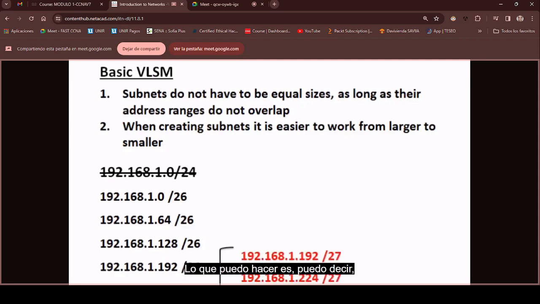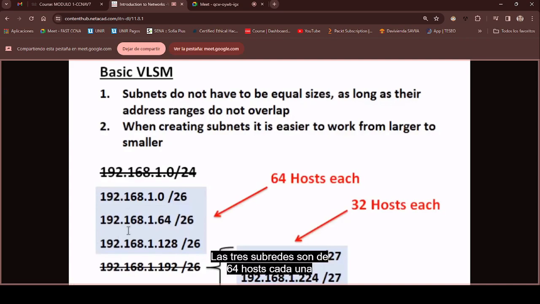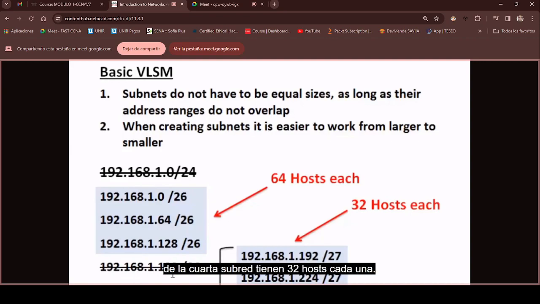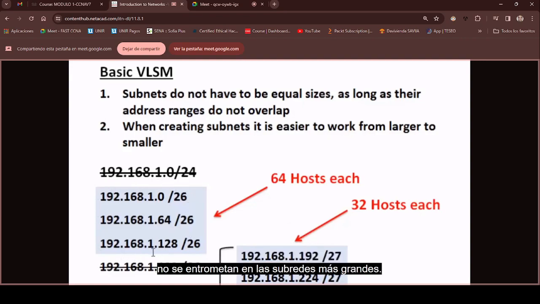What I can do is say, instead of having this subnet /26, what if I take that address space and divide it into 2 smaller subnets of size /27 each? If I do this, I effectively have created 5 subnets. The 3 subnets up here are 64 hosts each, and the 2 new subnets that I created from the 4th subnet are 32 hosts each. The reason I can do this is because my 2 smaller subnets do not intrude into the larger subnets.